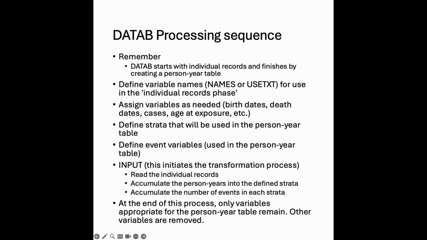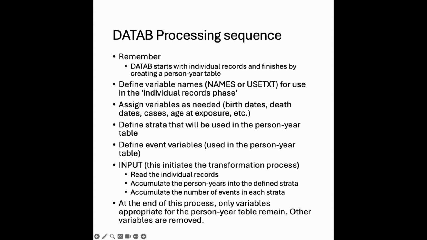Datab then reads each record in turn, accumulates person time into the defined strata, and counts events that occur within the valid time range. Datab will automatically left and right censor person time that occurs outside of the defined time range. At the end of the process, a person-year table is created. Variables that appear in the individual records may not appear in the person-year table.